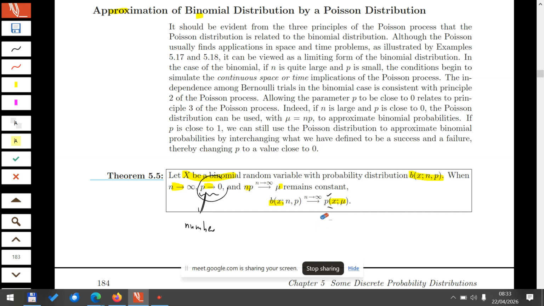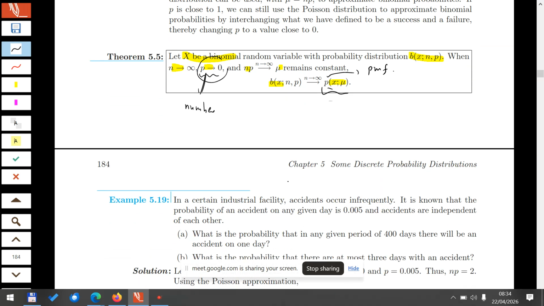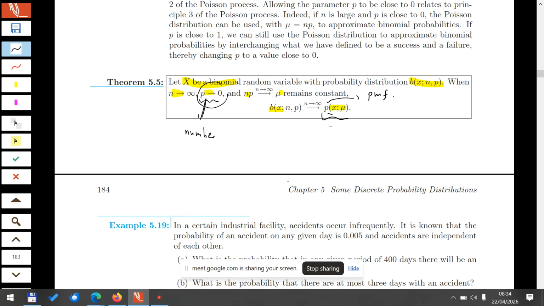But as far as the symbol p is concerned in this expression, that p is a function, and that's what we call PMF. So these two meanings of the symbol can coexist. What is not allowed is to have the same type and the same symbol with two different meanings. That is not allowed.